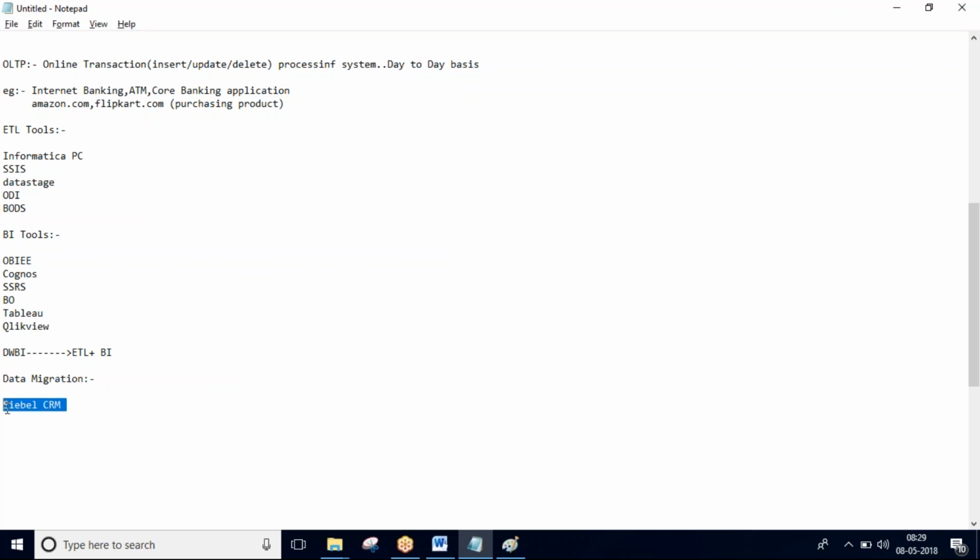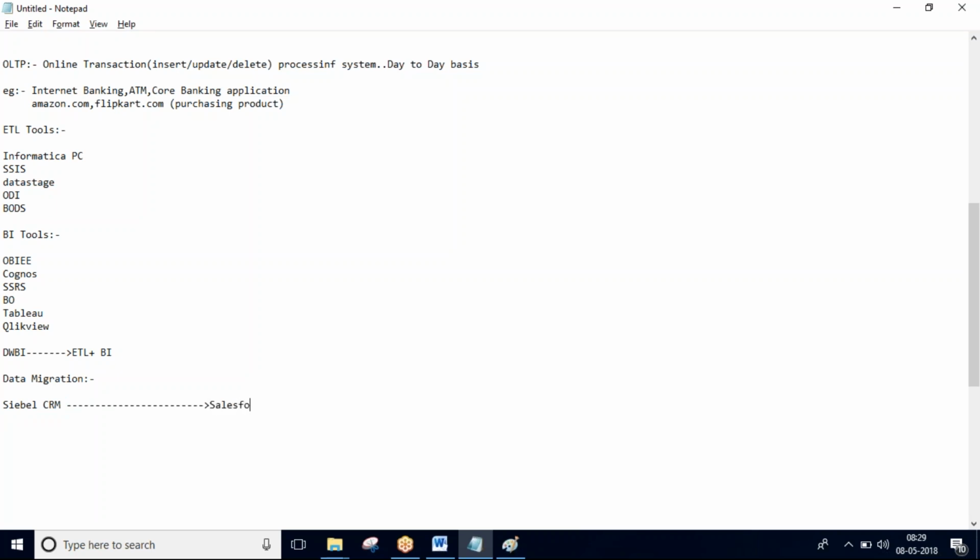Nowadays, with Siebel CRM, Oracle has stopped releasing the next versions, and some of the latest features which are available in other CRM tools are not available, and most companies are migrating from Siebel CRM to, let's say, Salesforce CRM.